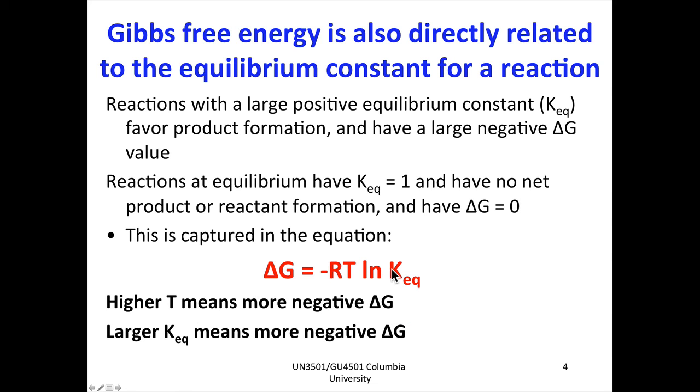Similarly, as I mentioned, a larger equilibrium constant, so a reaction that is really driving product formation, where the equilibrium vastly lies in favor of product, is going to have a very large equilibrium constant, still a fairly large natural log of that, and then multiplied by negative RT, we're going to have a negative delta G value. So reactions that favor product formation are going to give us that negative delta G value.